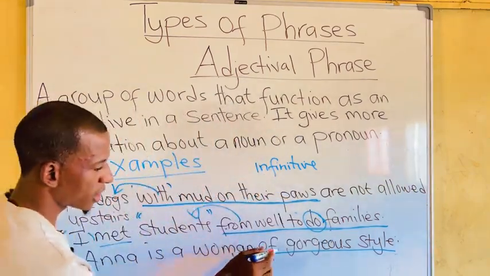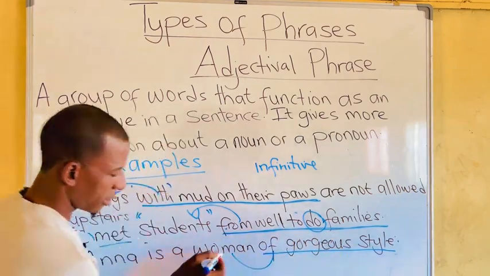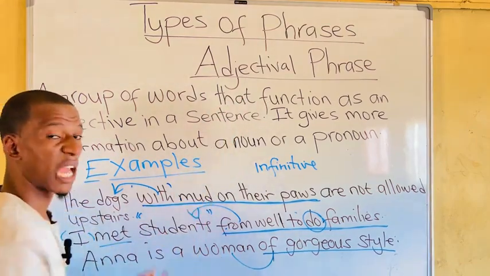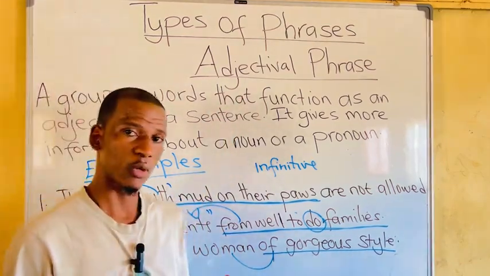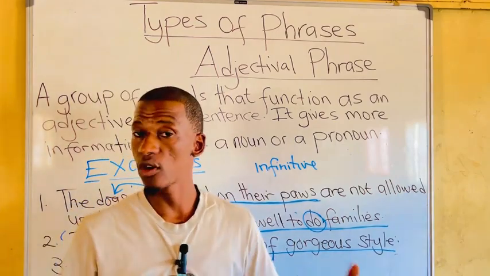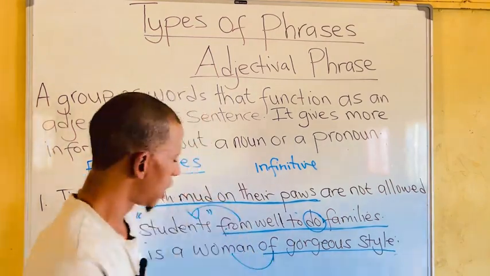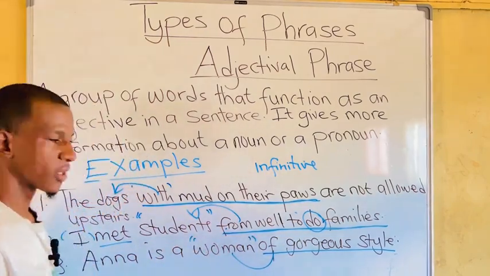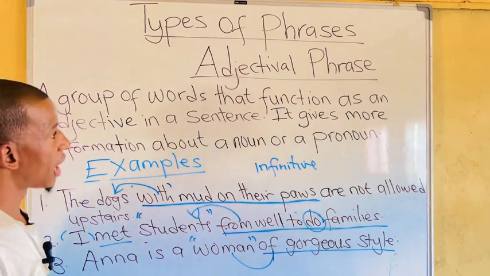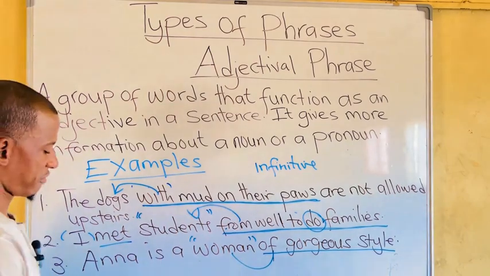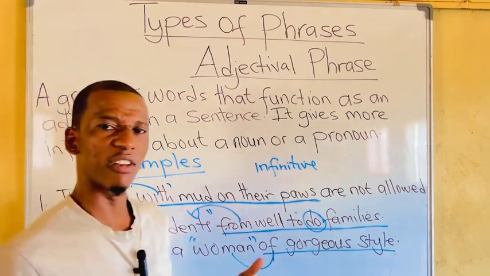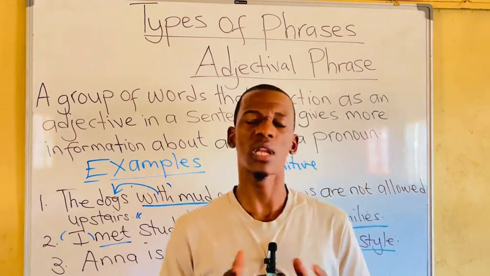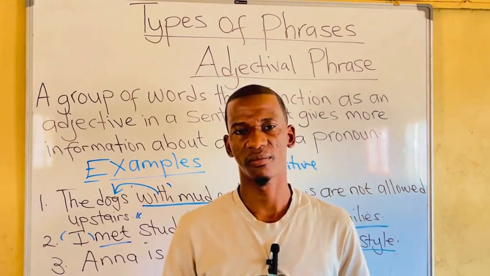So, like here, we said, of a gorgeous style, the woman is of a gorgeous style. Therefore, this is an example of an adjectival phrase. The function is that when they ask what is its function, then you say it describes or it qualifies the noun woman. So, this is what we call adjectival phrases. An adjectival phrase is a group of words that function, act, or behave like an adjective.